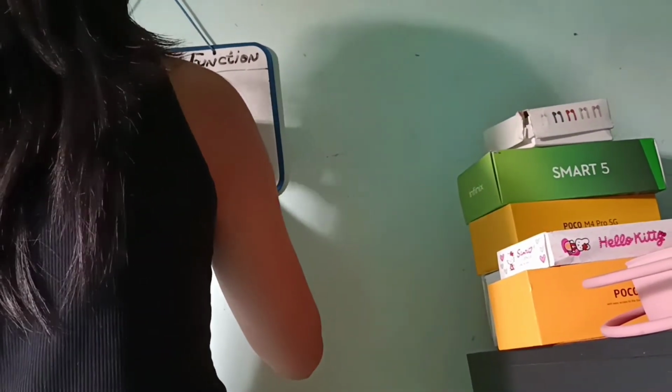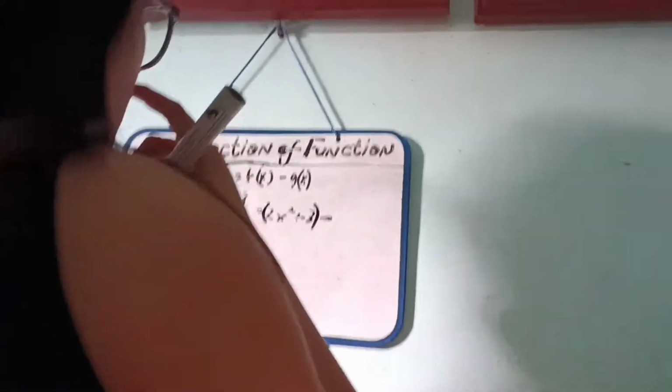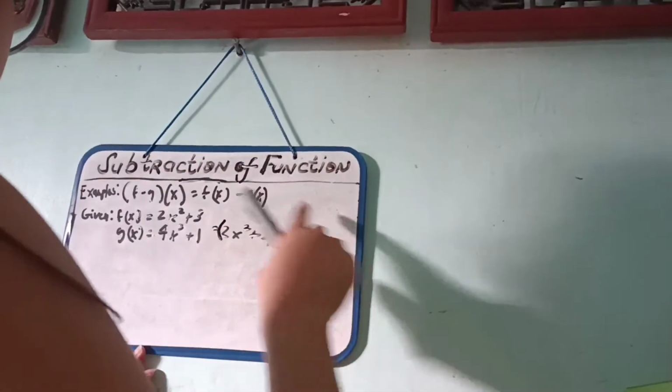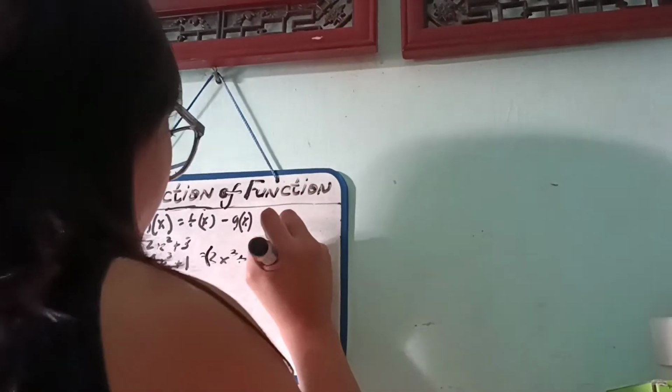So, write it down na lang, 2x squared plus 3. Minus, maglalagay tayo ng parenthesis kasi mahalaga to avoid confusion. Minus g of x, which is 4x cubed plus 1.